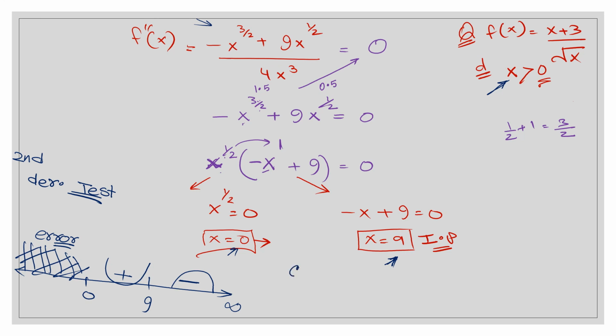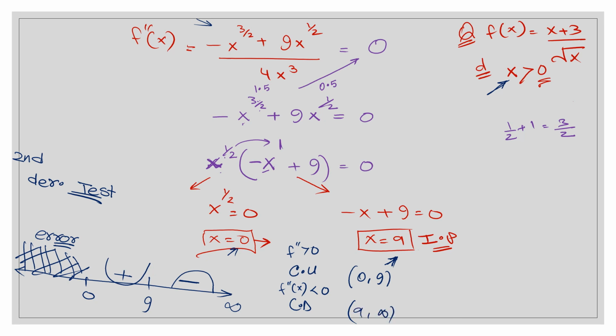So let's write down the concave up interval, that is from 0 till 9. Remember that concave up means the second derivative should be greater than 0. Write down the concave down interval where you will have a negative sign, meaning the second derivative is negative, less than 0. It will be from 9 till infinity.